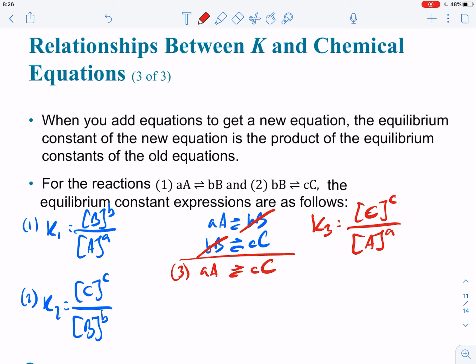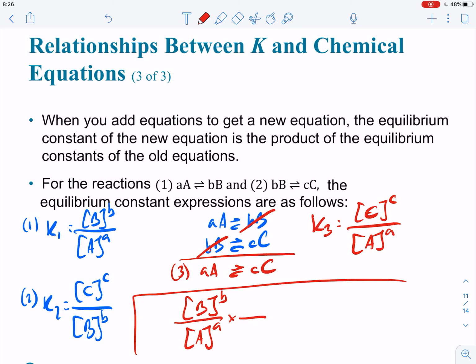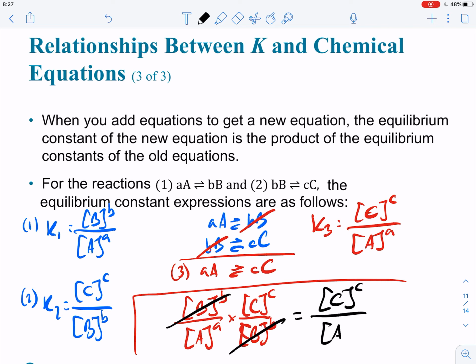If I take K1, which is B over A, and I multiply it by K2, C over B, then you end up canceling B in those terms, and then you obtain C over A.